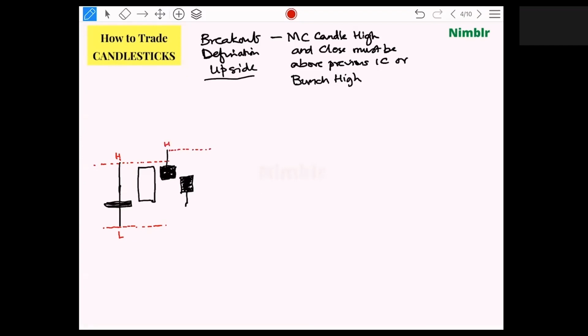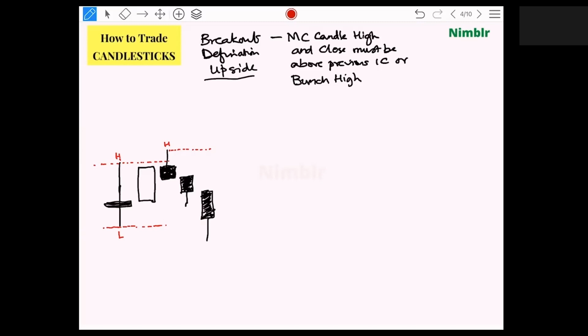Now again, say we are here, and we did this. It fell down, fell down. This is the body of the candle. It came down till here and again moved up.